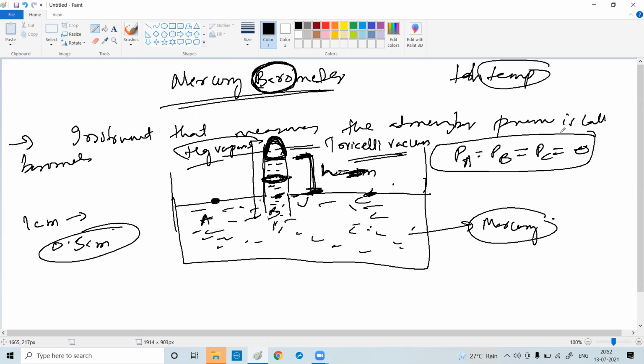Pressure changes as per the height, if you go above or below. But if you are in a liquid at the same level, then the pressure will be the same.